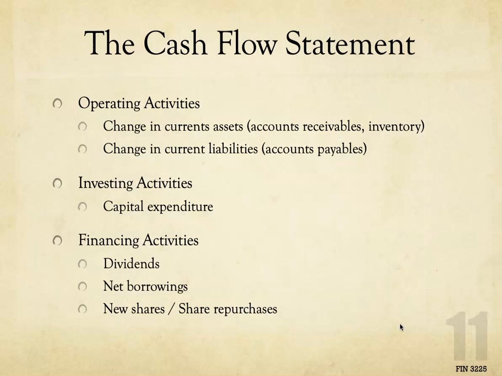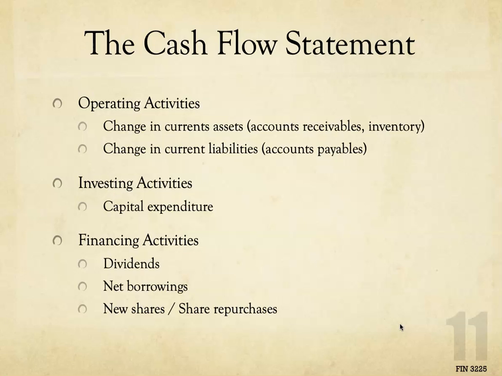We mentioned that the figures on the income statement are not the actual cash flow. But cash flow is important. That's why we have the cash flow statement. We will not focus too much on the cash flow statement in this class, but we still want to know the basic concepts. On the cash flow statement, there are 3 activities.